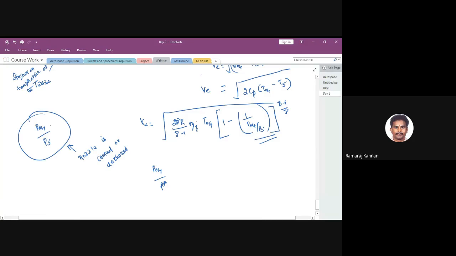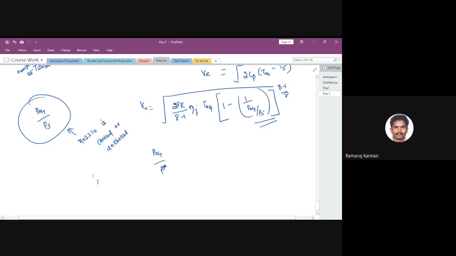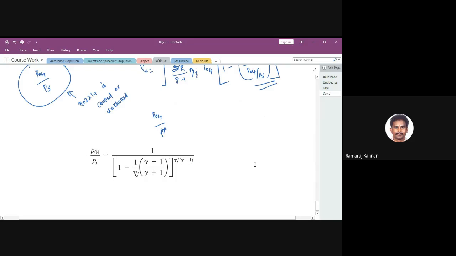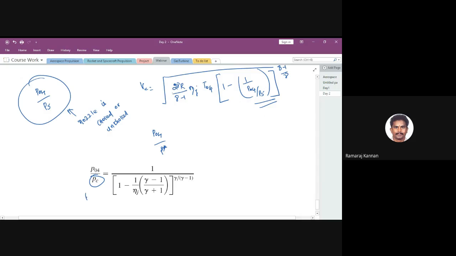So we have to find out the critical pressure ratio across the nozzle. We can find it using this relation to get P04 by PC, where PC is nothing but the P stop at the exit. And also from our known conditions, we can find out this.